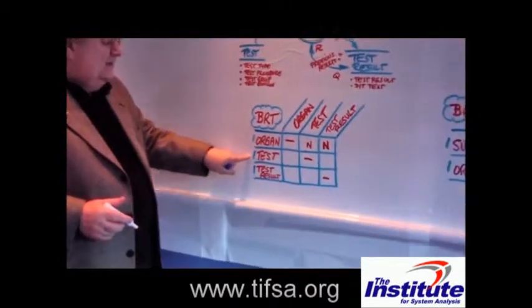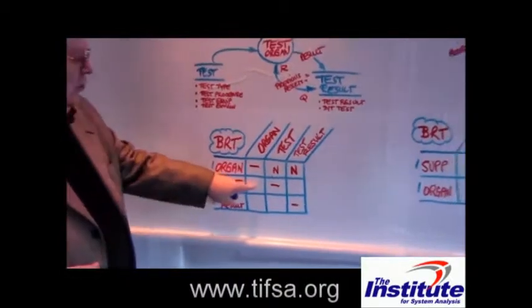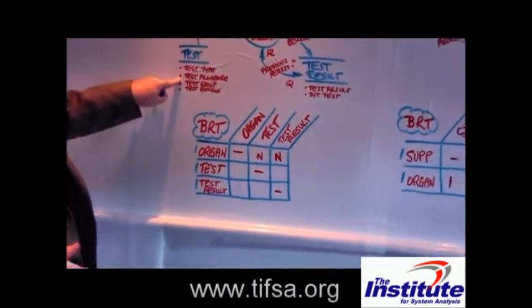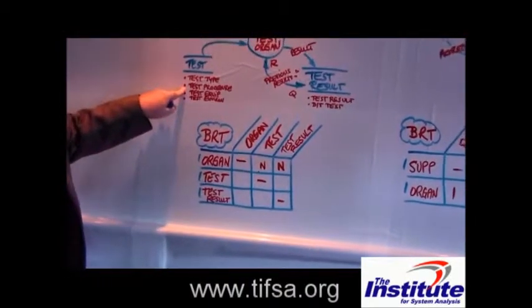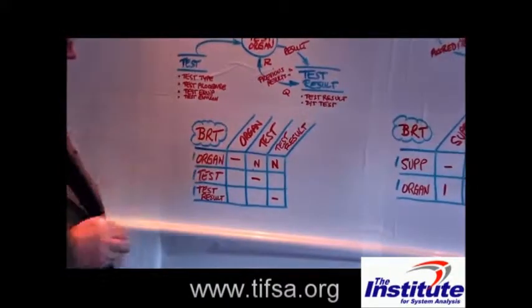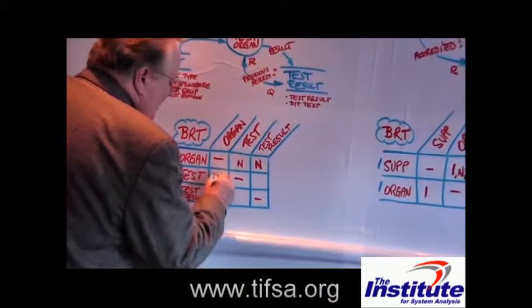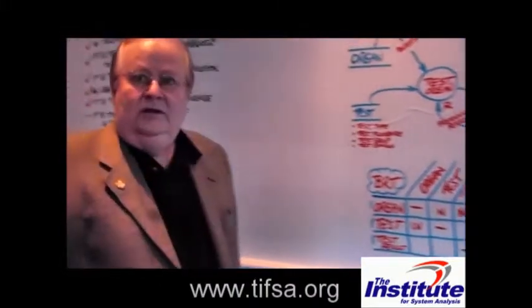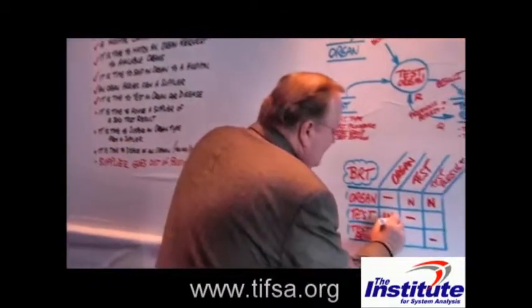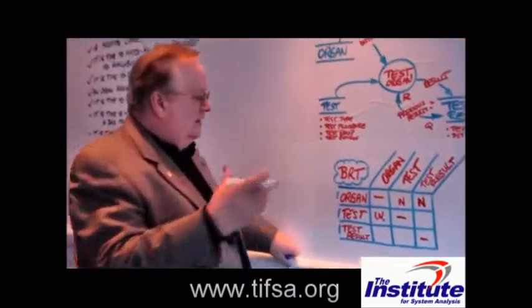For a single specific test, like a hepatitis C test, for example, how many organs would we apply it to? Well, we could apply it to one or many, but never none. If I say, is it possible that we have a test that's never applied to any organ, the subject matter expert in this example would say, no, that's not possible.